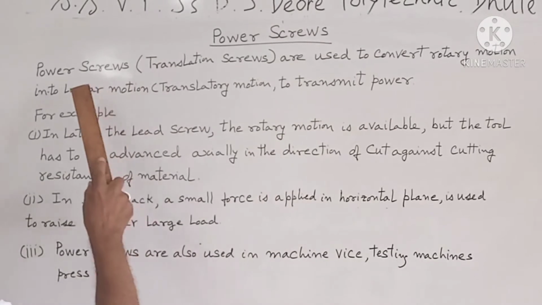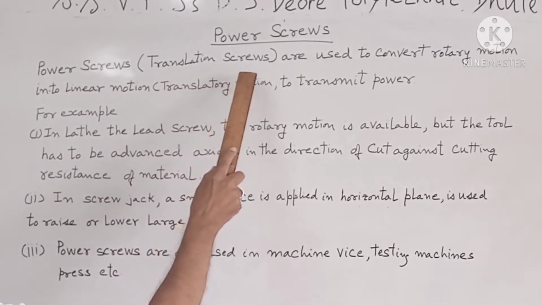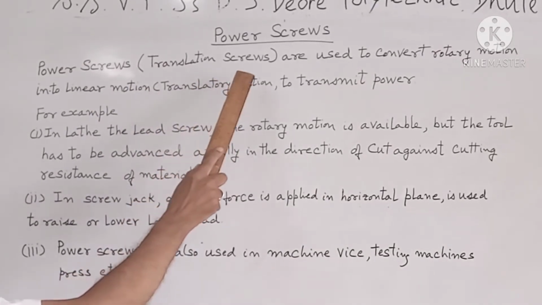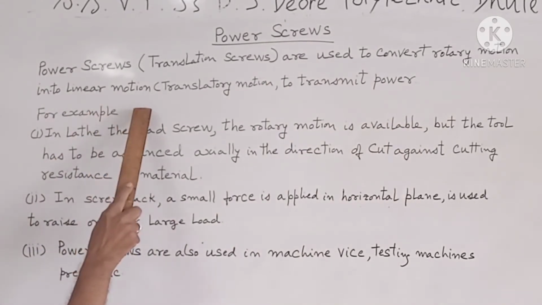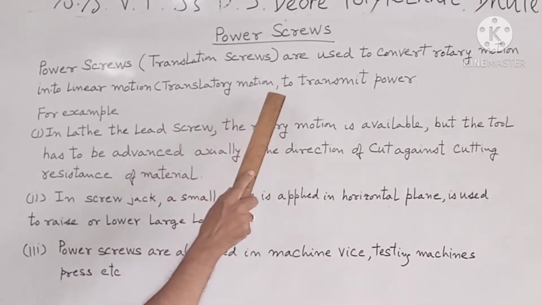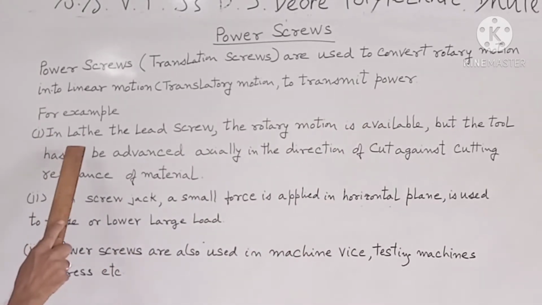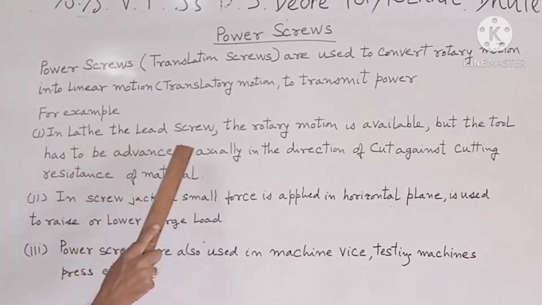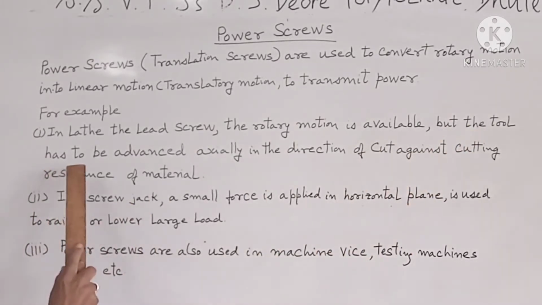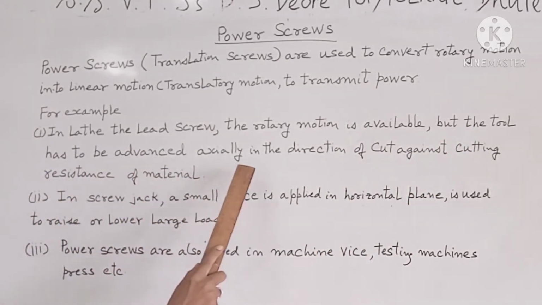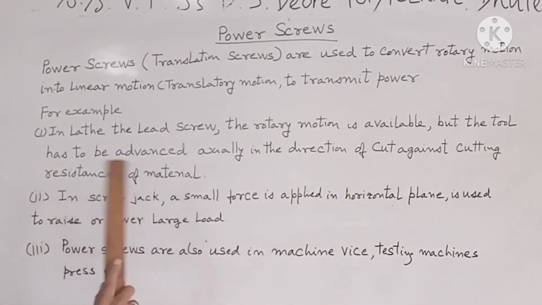Power screws are also known as translation screws. They are used to convert rotary motion into linear or translatory motion to transmit power. For example, first, in case of a lathe, the lead screw, the rotary motion is available, but the tool has to be advanced axially in the direction of cut against cutting resistance of material.